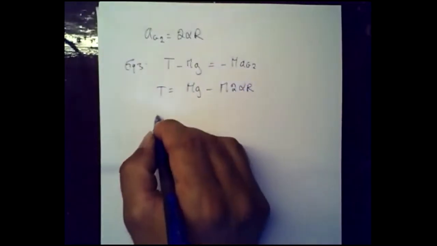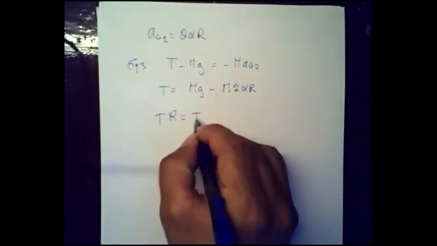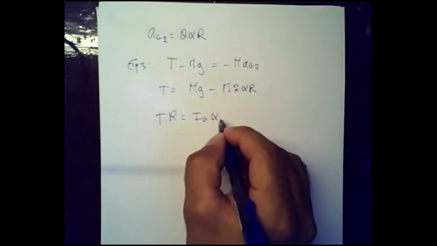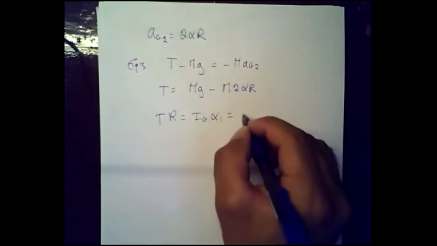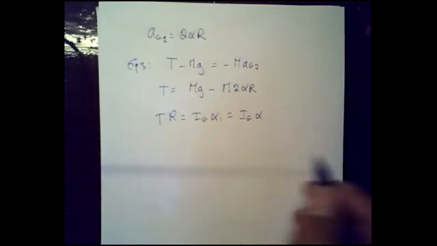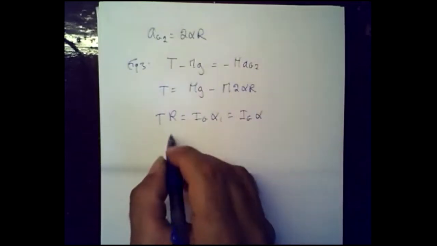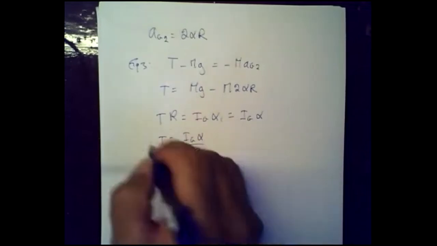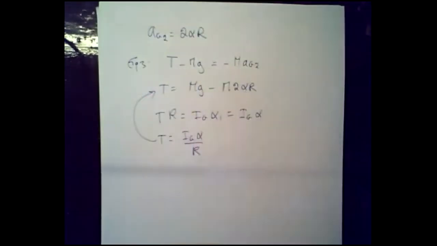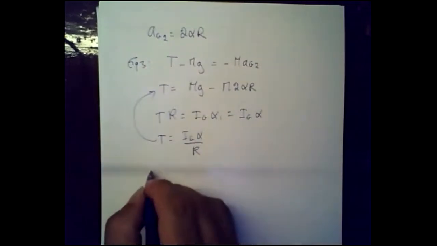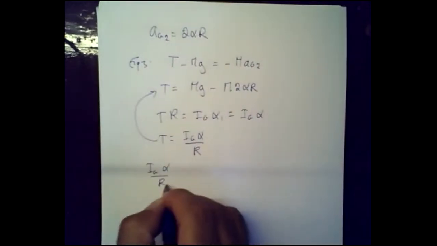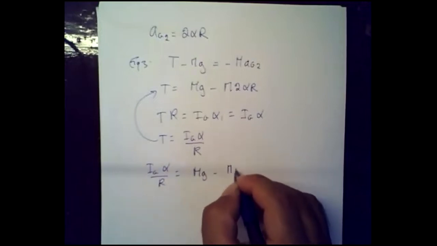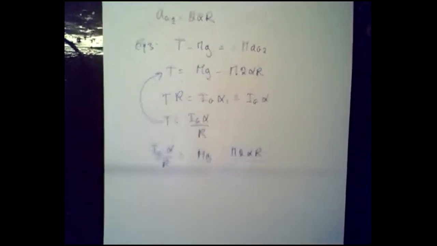And from before, we said T times R is equal to IG alpha, and that guy was alpha 1, but because we know alpha 1 is equal to alpha, I can say that T is equal to IG alpha over R. So if I take this and put it here, I'll be able to solve for alpha.